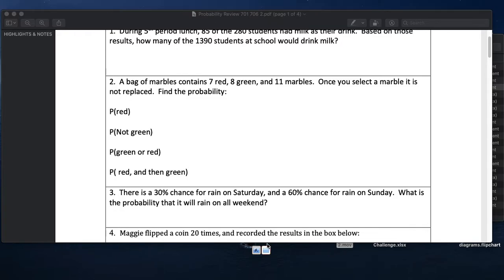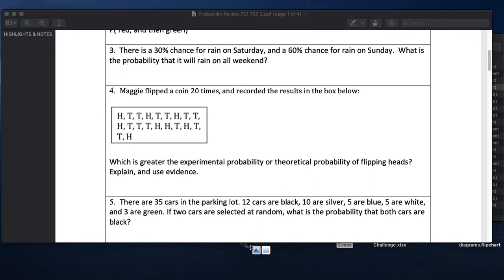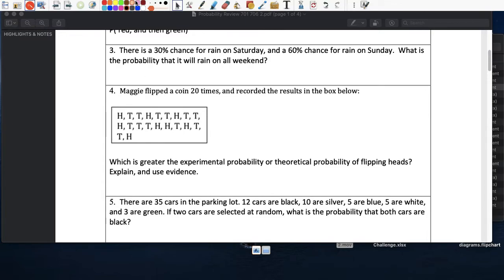There's a 30% chance of rain on Saturday and a 60% chance of rain on Sunday. What's the probability that it will rain all weekend? Well, I'm going to write the probability of rain on Saturday times the probability of rain on Sunday. The probability of rain on Saturday is 30%.